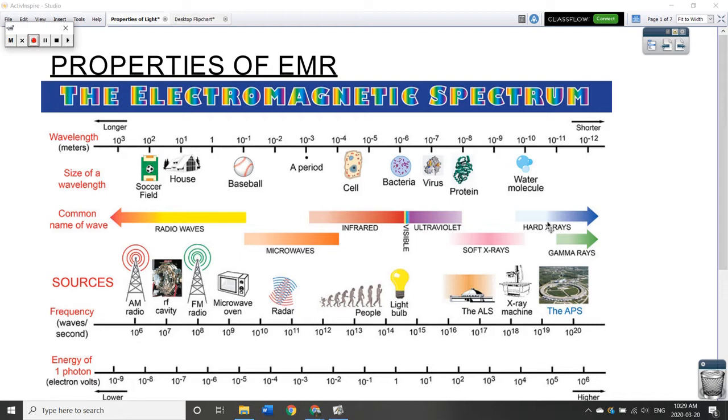So X-rays from an X-ray machine behave the same way as radio waves that we use to listen to the radio, or microwaves, which we use to cook our food and talk on cell phones with, or ultraviolet radiation, which gives us tans, or it can be used to disinfect things. So all of these different types of EMR behave the same way. And so today we're going to be looking at these different properties.